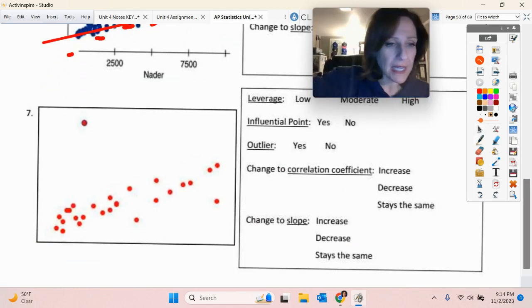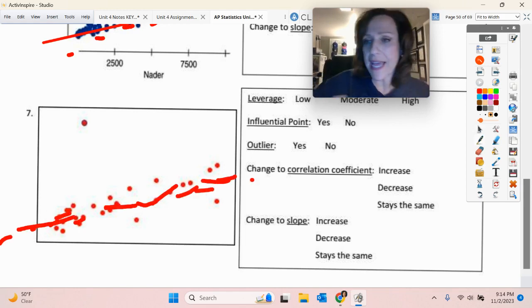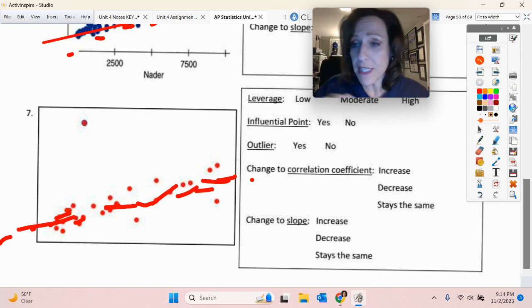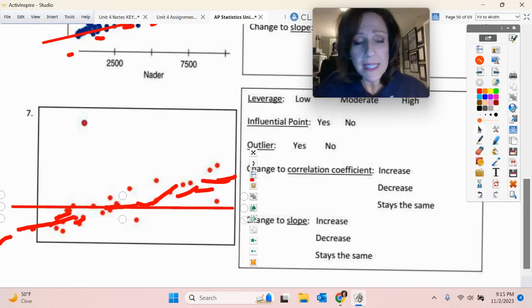Okay, here's this next one. Here comes our dotted line. Probably our line of best fit, probably something like that. But let's look at what happens with this point. We've got this line, and the important thing to know on this is that this dot here is to the left of the middle.